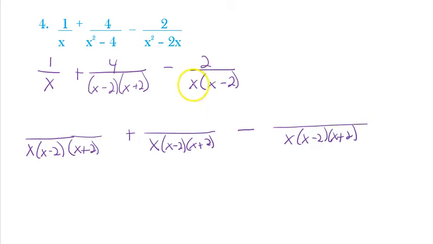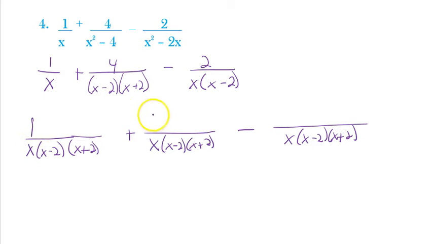When I come to the third one, I already have an x, so I don't need to write it again because I don't have x squared up here. And I already have an x minus 2, so again, I don't need to write it again. They'll both work off of what I have.